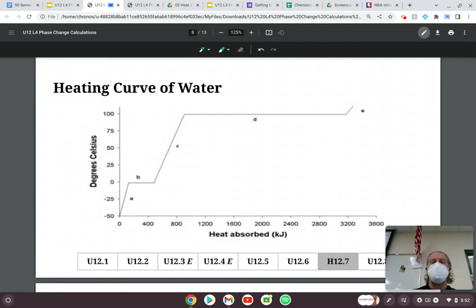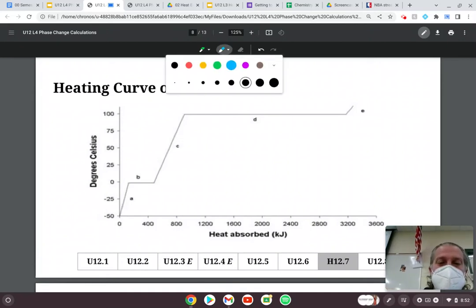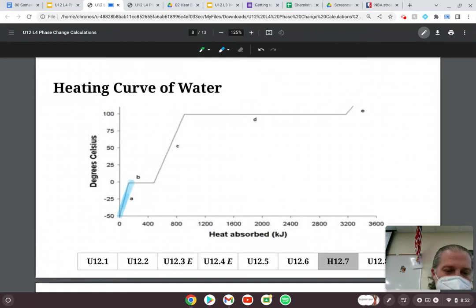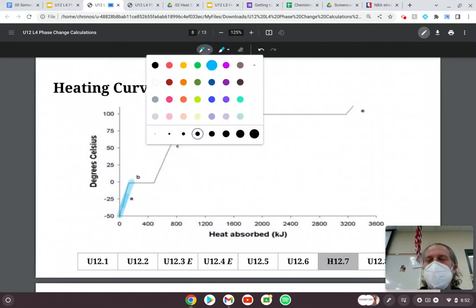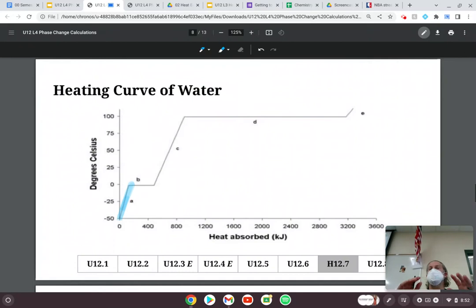So I want to take a minute or two here and just explain what's going on. When you're down here, hopefully you can see on your paper or in your note sheet that we're below zero at that point. That is like negative 50 degrees Celsius to like 0 degrees Celsius. And what state of matter would we be in at that point? We'd be freezing, so it'd be a solid, right?